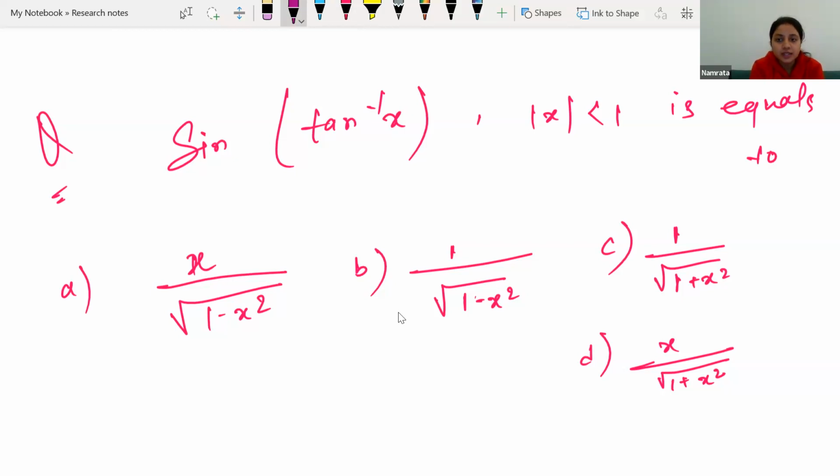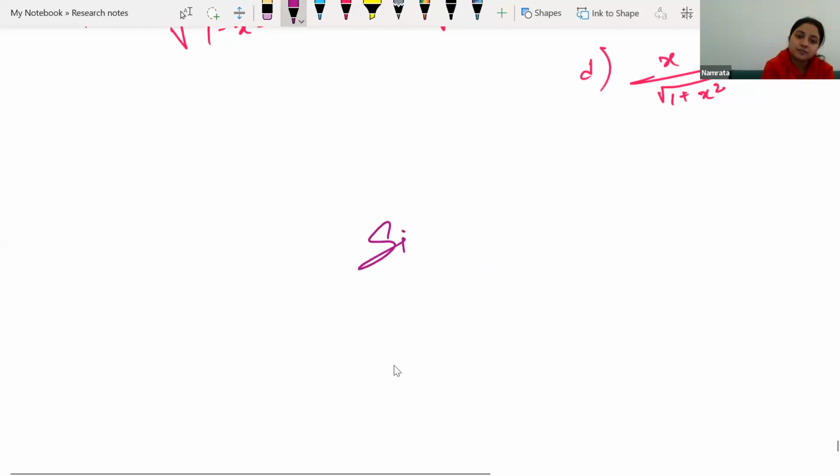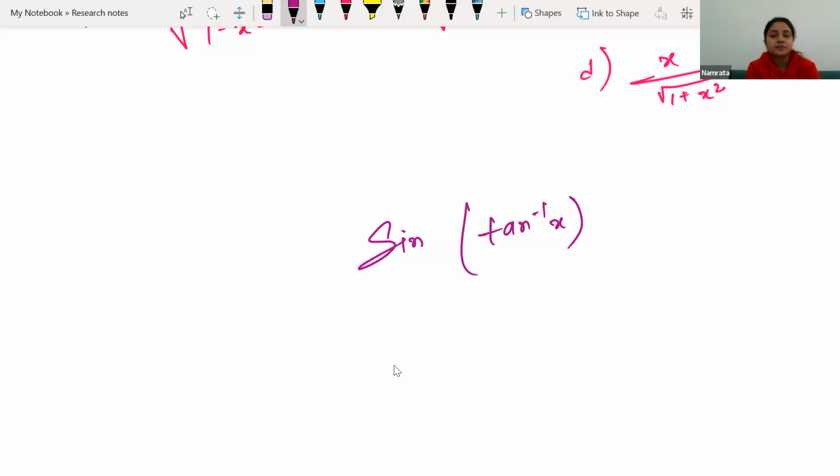Sine of tan inverse x. What can be done over here? Sine of tan inverse x. Anyone?